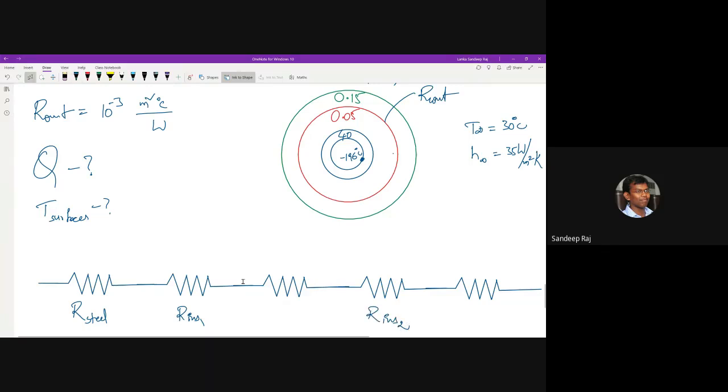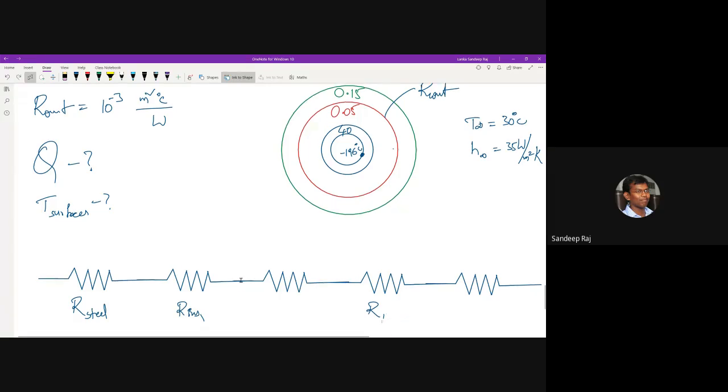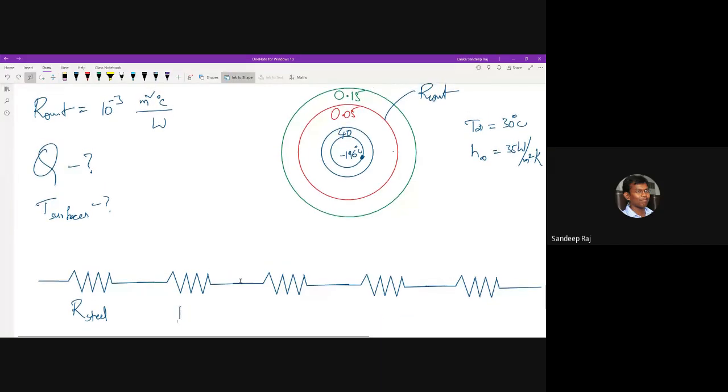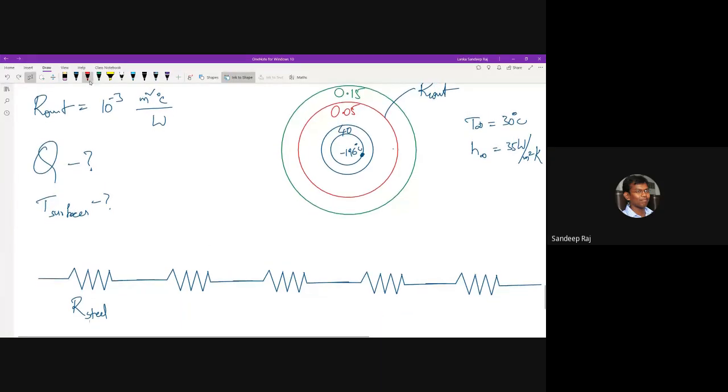Let me write these in the same colors for clarity. This is R insulation 1. This is R insulation 2. In between these two, you have R contact.